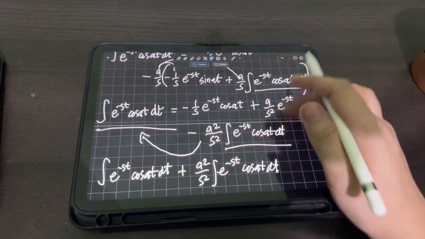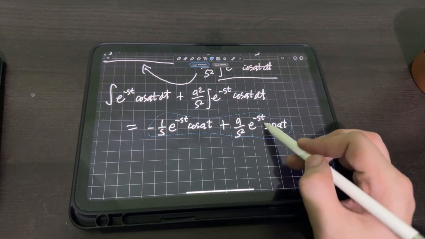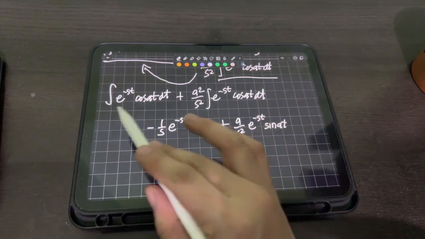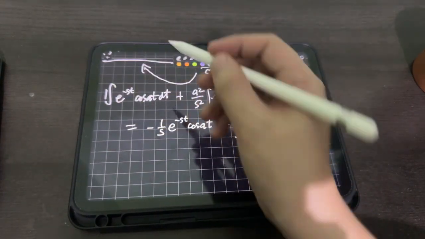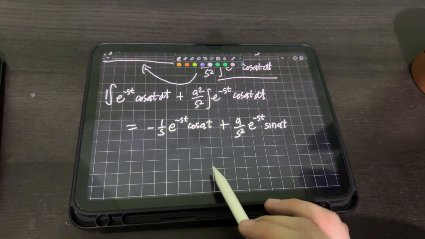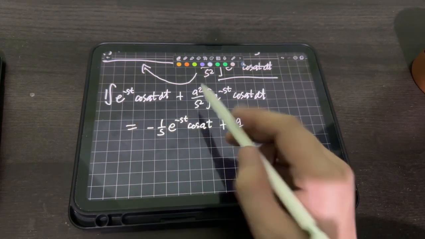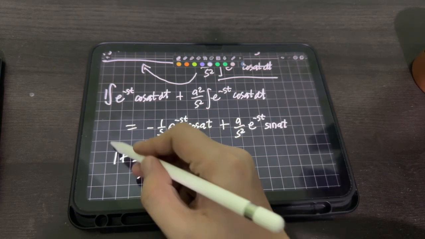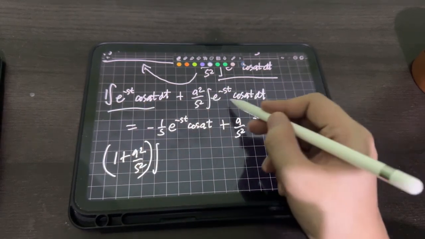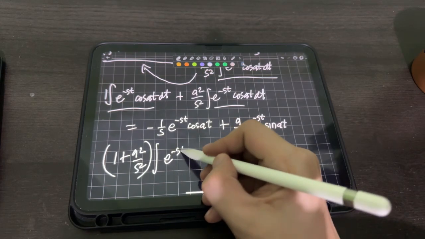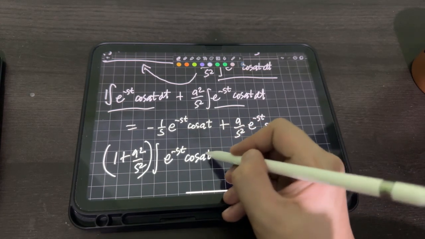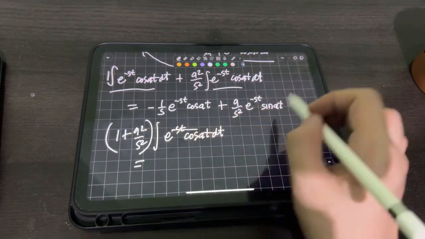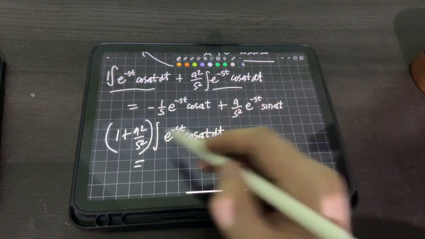Okay, so let's just copy. So again, we combine these two integrals. So the coefficient of this integral is 1. So we need to add 1 plus a squared over s squared, then quantity times the original integral e to the negative st cosine at dt, equal to, again, this expression.